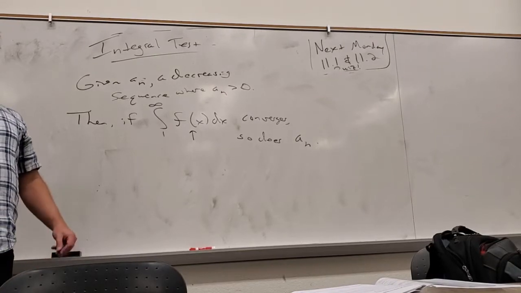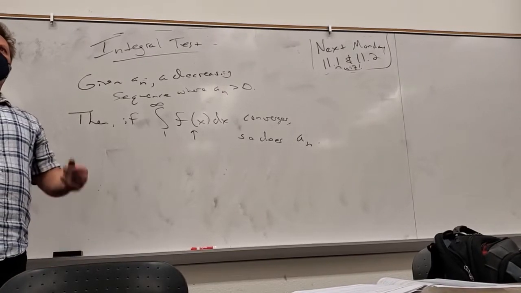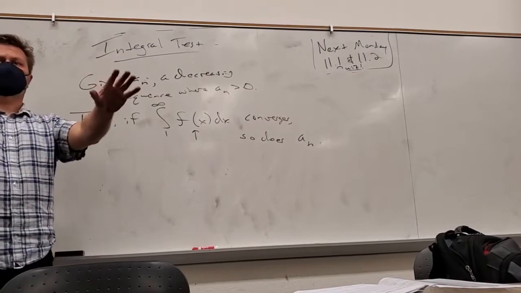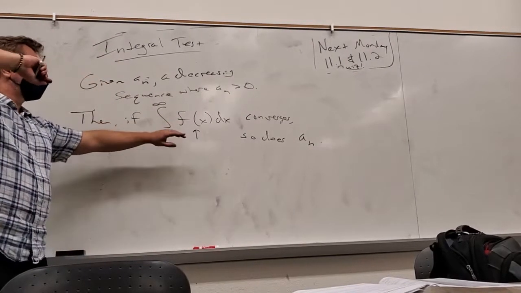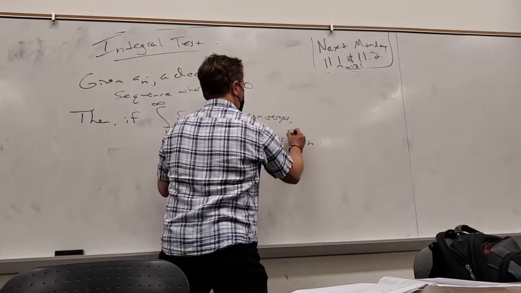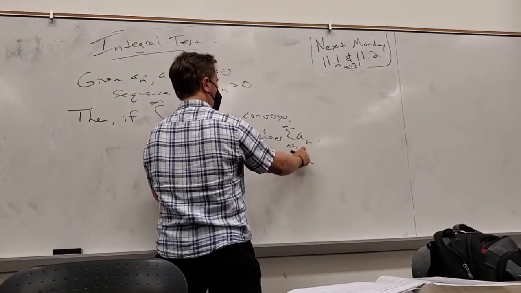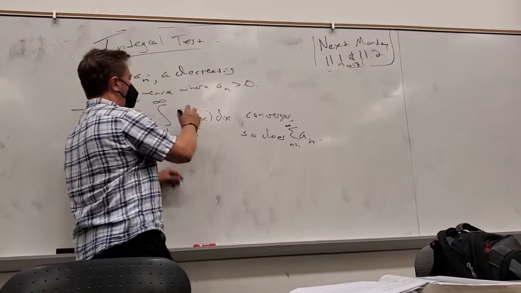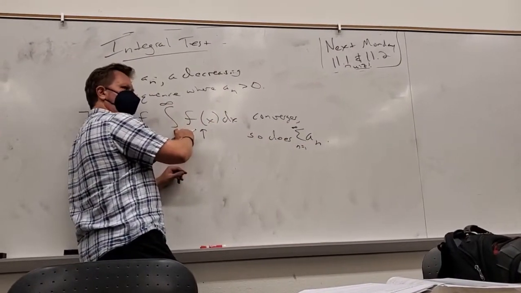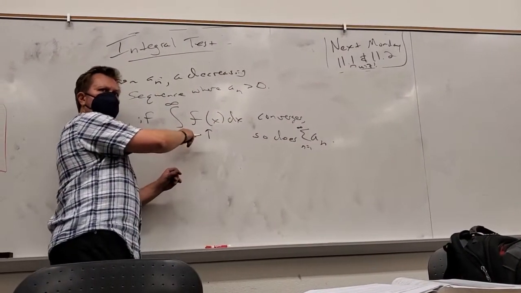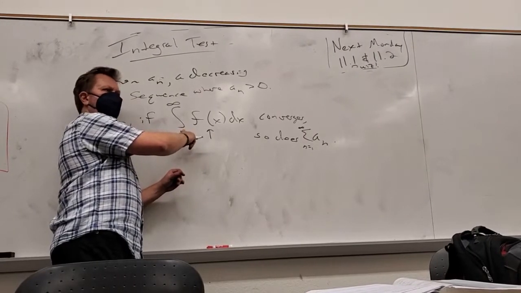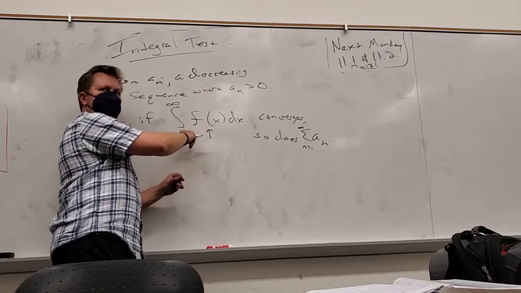Now here's a beautiful example of what I was trying to say earlier. If I have a sequence, and this is where this comes into play, so does the sum, so does the series. Be really careful with that, sorry. So does the series. Again, it kind of makes sense because what does this symbol represent? The area under the curve.